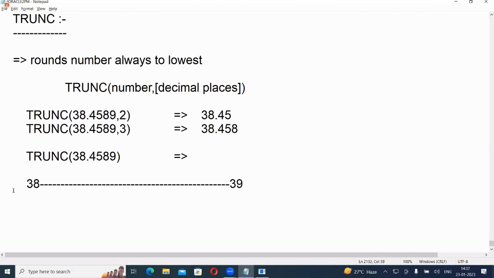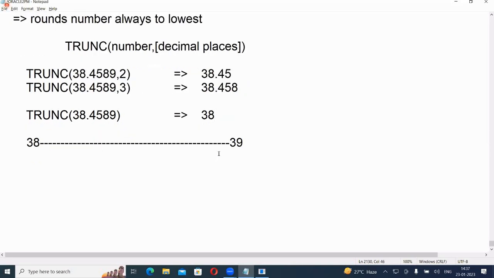In this, what is the lowest? 38. So always rounds to the lowest. It will not check below average or above average. Even 38.8589, then 38 only. Always to the lowest.